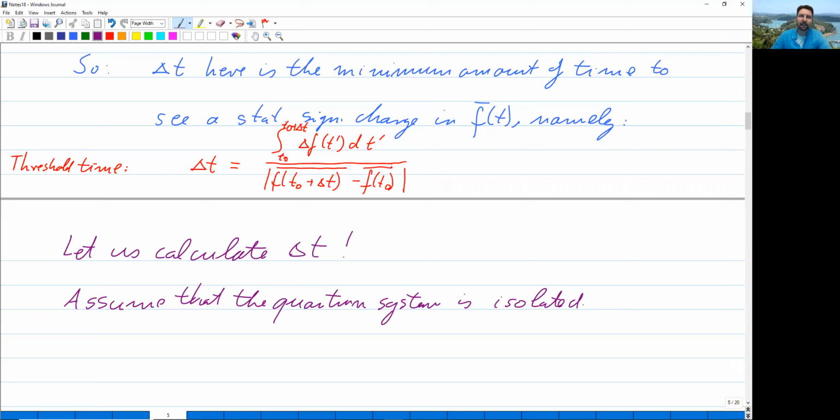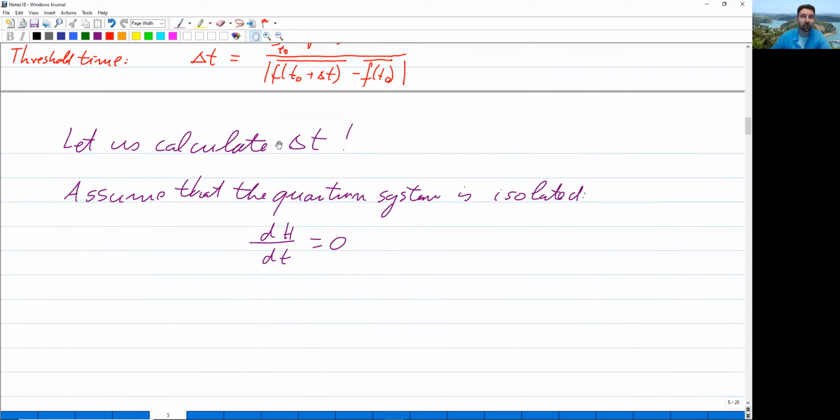So therefore, let us consider a quantum system that is isolated. That means we assume that dH by dt is equal to 0. So nothing from the outside is changing the Hamiltonian of our system. Then we have the following.